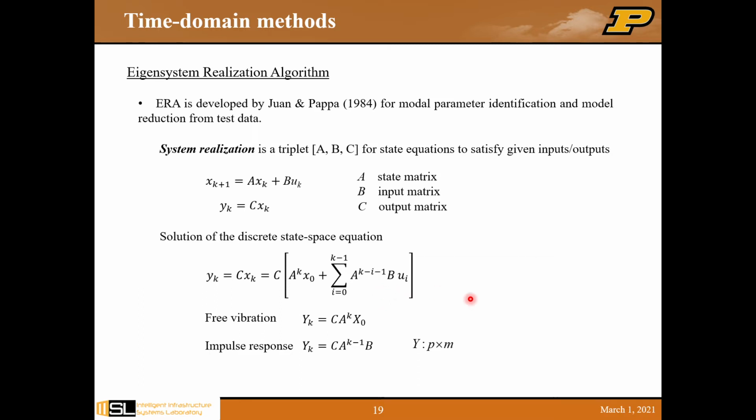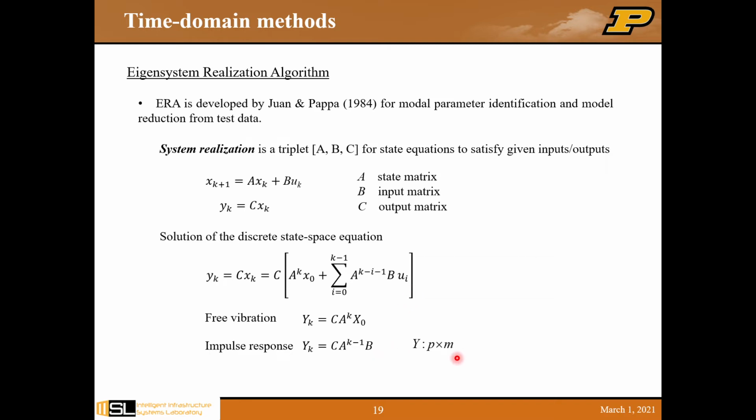Based on that, we can obtain two unique items. The first one is the free vibration, Yk equals C times A to the k times x0, corresponding to the first item. The second is the impulse response, Yk equals C times A to the k minus 1 times B, corresponding to the second term, assuming that the input is an impulse.